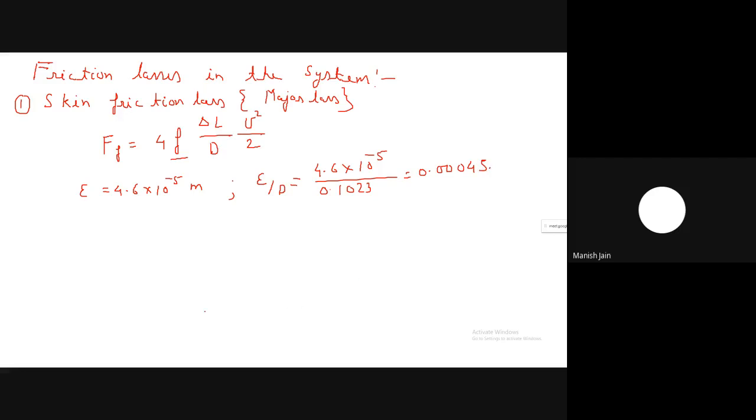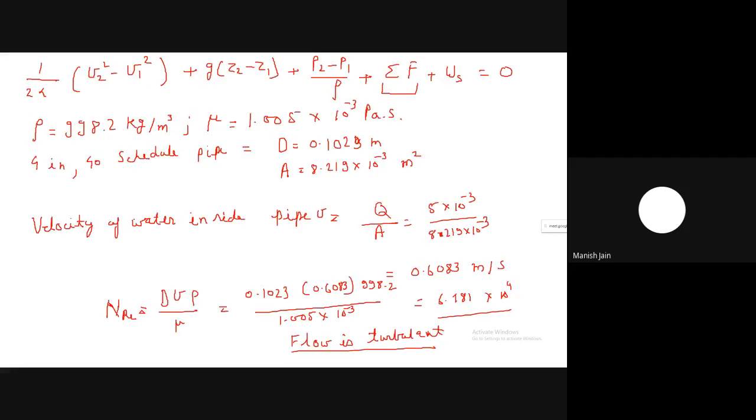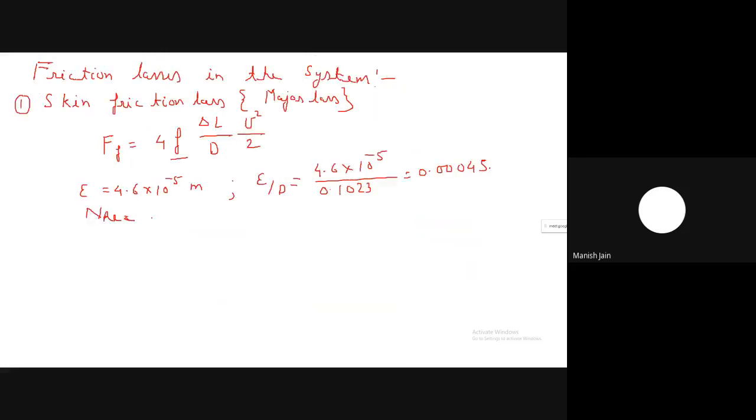This is the value of psi by D. Now, the NRe value, you have calculated the Reynolds number value before. So the Reynolds number value is already known. That is equal to 6.181 multiplied by 10 to the power 4. That is the Reynolds number value.